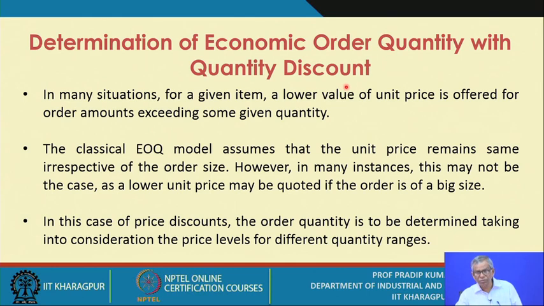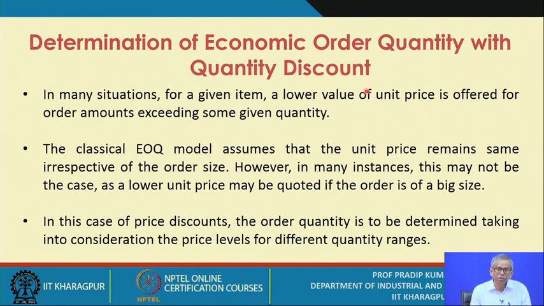Now the next one, the important concept, is quantity discount. In the original EOQ formula, what we have assumed is that the unit price remains the same irrespective of the order quantity. Now, in the real world, what you find is that there is a relationship between the order quantity and the unit price.